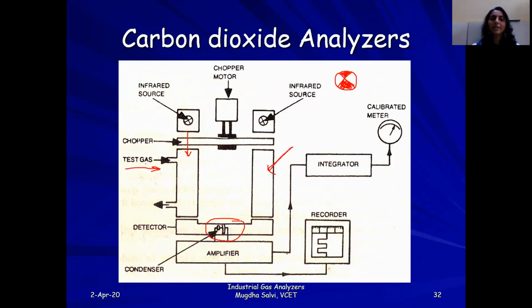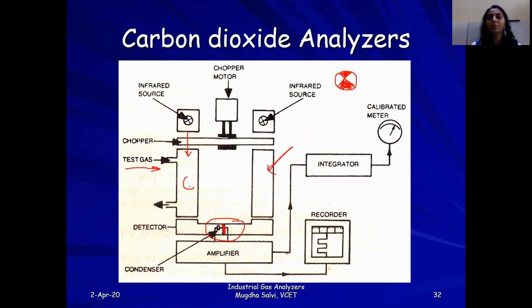We are considering that this metal diaphragm, which you can see here, is the plate of the variable capacitor. When there is no sample present, there is going to be no particular pressure or movement in this diaphragm.